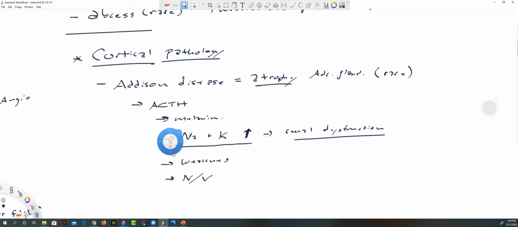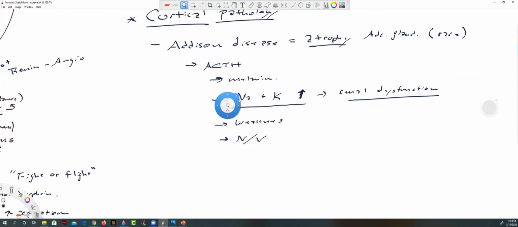So that is most of Addison's disease. There's a second one that is similar, but not quite Addison's disease. That would be chronic secondary hypoadrenalism.